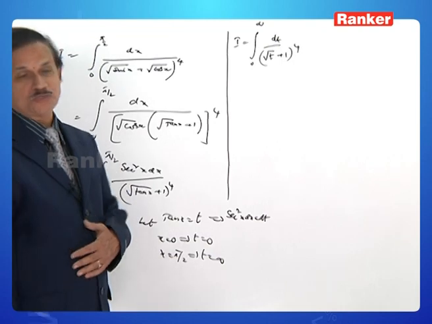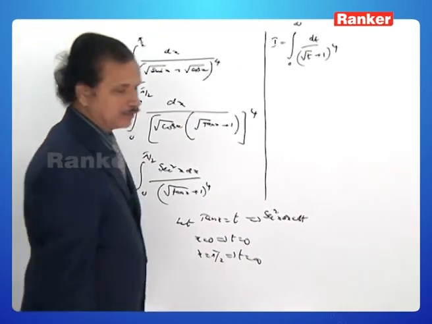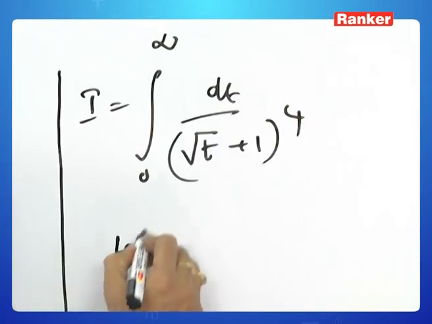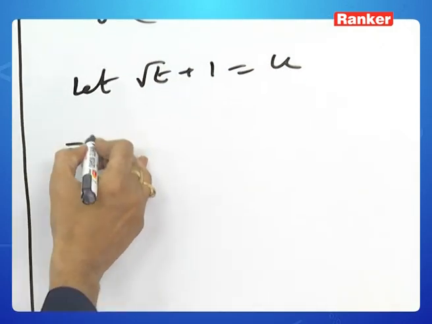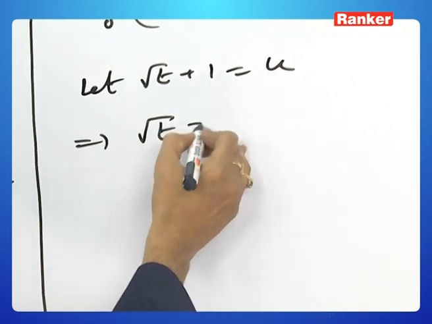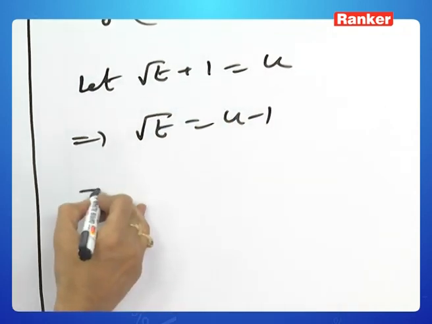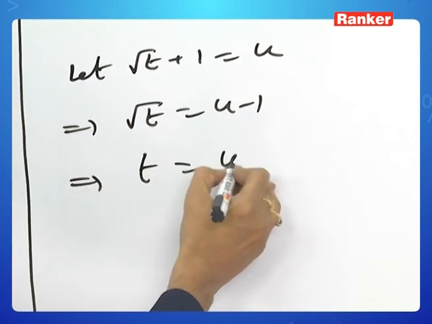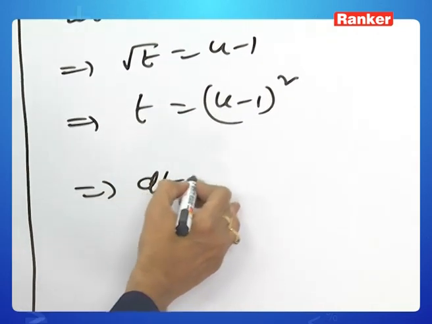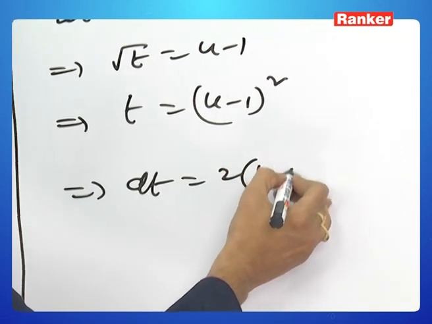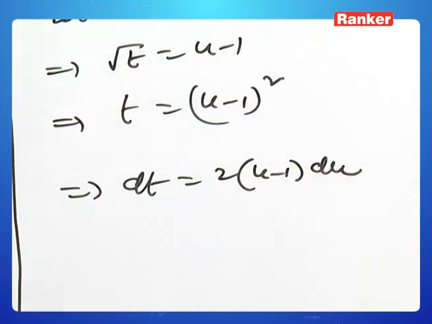Again, how to play with that root t plus 1? Look here, let root t plus 1 is equal to u. Implies root t is equal to u minus 1. Implies t is equal to u minus 1 whole square. Implies dt is equal to 2 into u minus 1 du. Am I right?